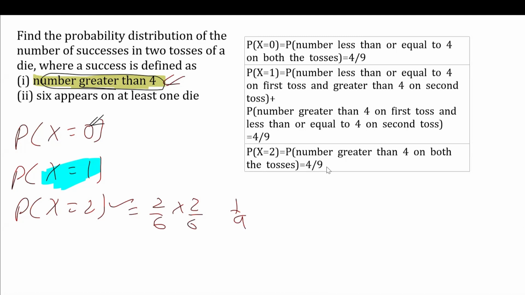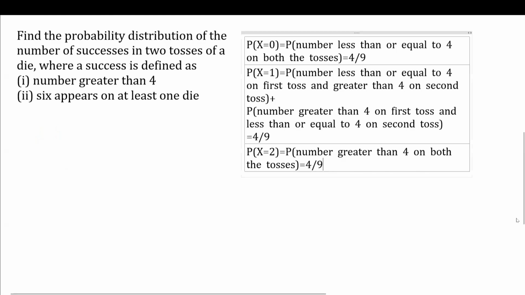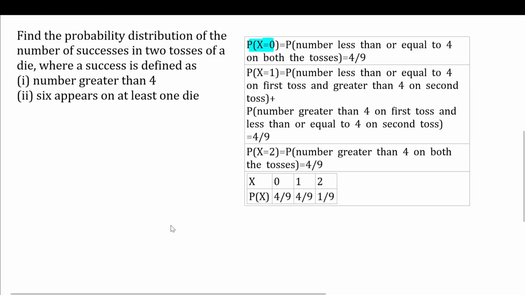Right. Now, lastly, we are going to draw the probability distribution table for this. So thus the probability distribution will come as this. As you can see, when X is equal to 0, we get 4 over 9.